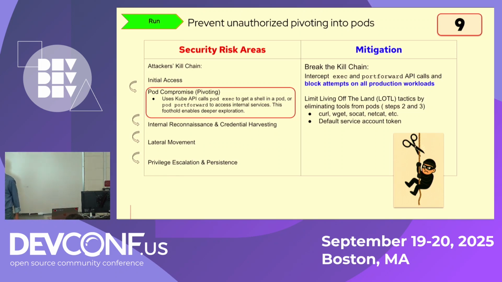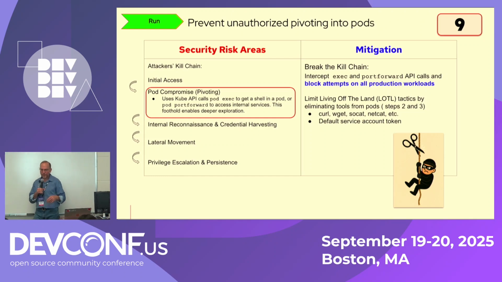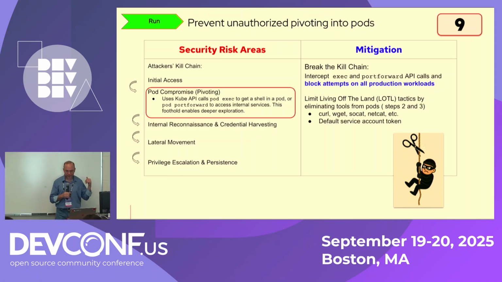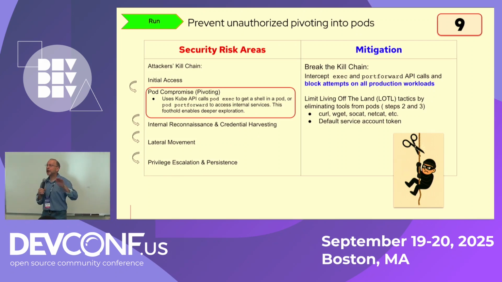Sorry. Yeah, so here, do we assume the attacker is inside the pod, or is he trying to exec from outside the pod? The question was, do we assume the attacker is already in the pod or trying to exec? The case here is that the attacker has penetrated some pod in your cluster, not your pod maybe.